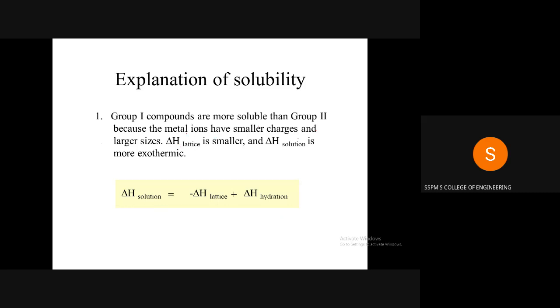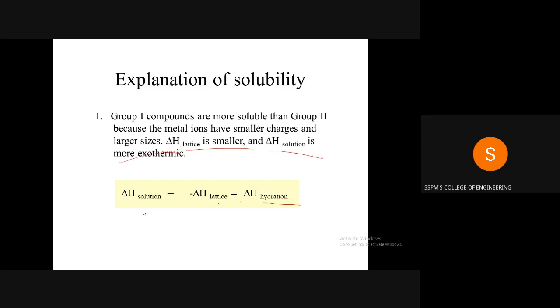So delta H of solution, the enthalpy of solution, is equal to minus delta H of lattice plus delta H of hydration. Hydration means tendency to react with water; addition of water is called hydration. So lattice size is smaller and delta H of solution is more exothermic.